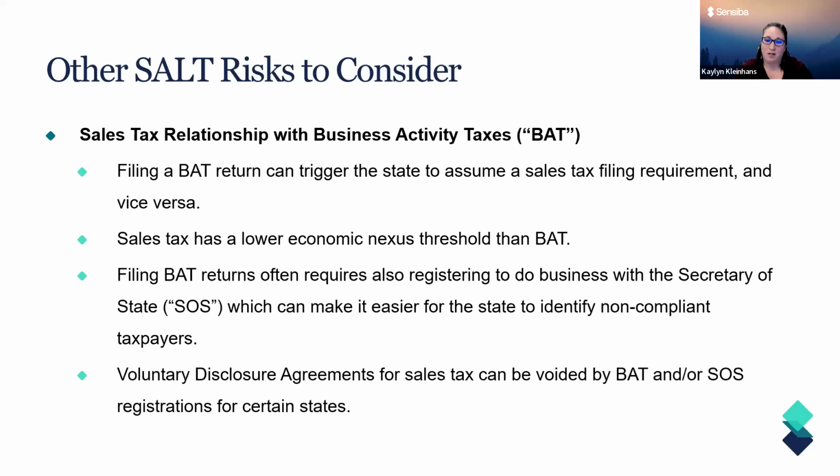If you are, then you can potentially void the opportunity to do a VDA, not only for the type of tax that you have a liability for, but other taxes in the state as well. So we want to make sure that when you're making a decision to register in a state, the opportunity to do a VDA is not voided for sales tax or BAT tax purposes.